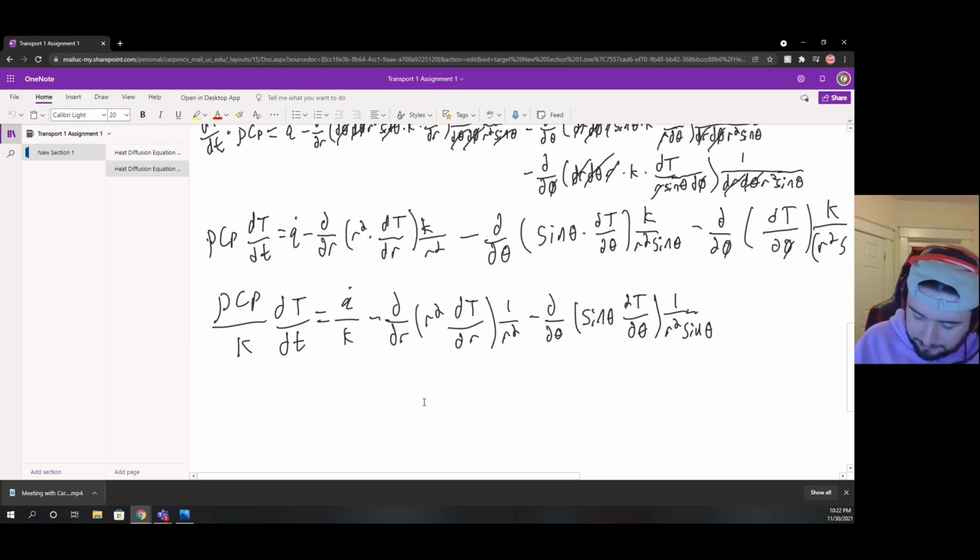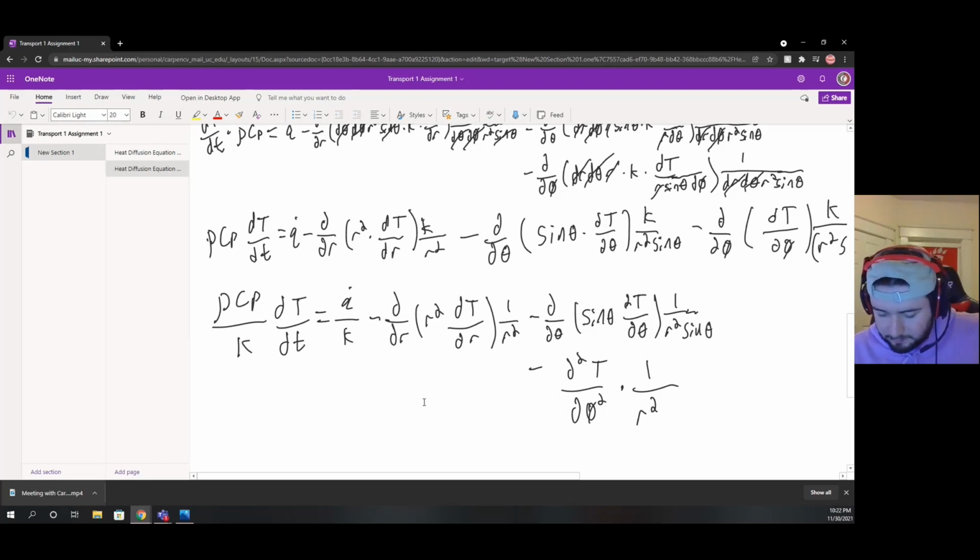And then our last term, minus our second degree partial derivative of T in terms of phi times 1 over r squared sine squared theta.